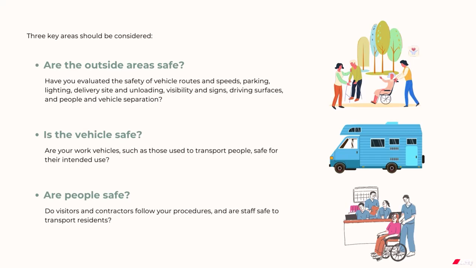Is the vehicle safe? Are your work vehicles, such as those used to transport people, safe for their intended use? Are people safe? Do visitors and contractors follow your procedures, and are staff safe to transport residents?